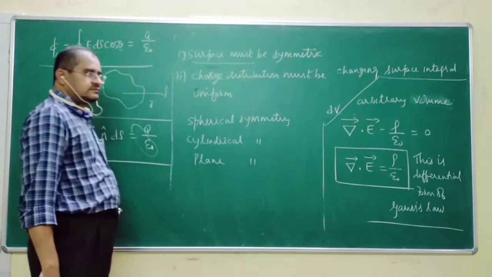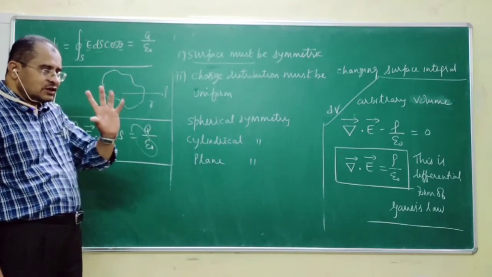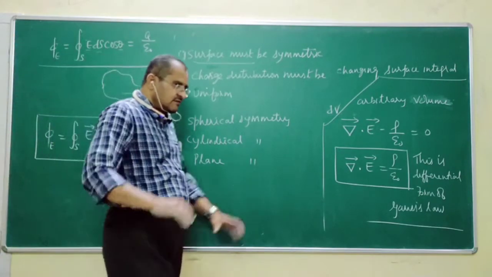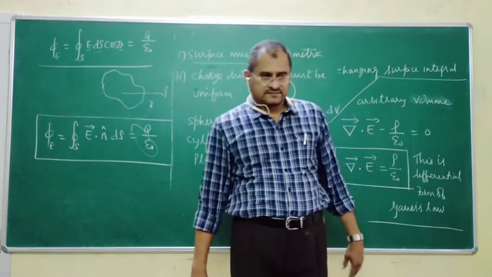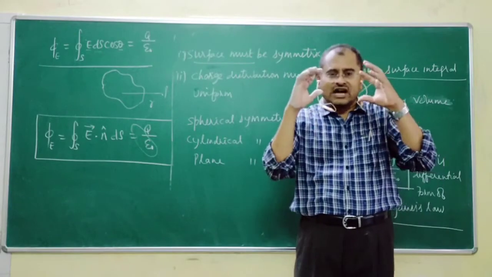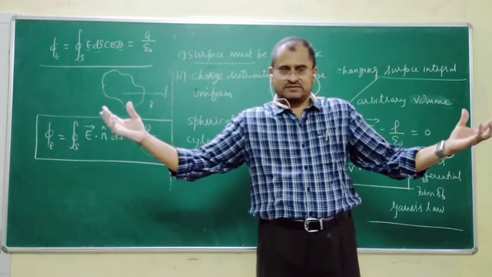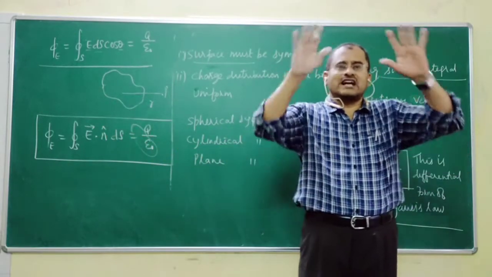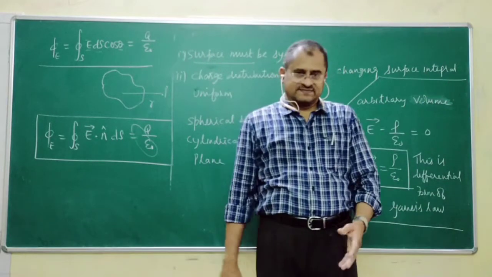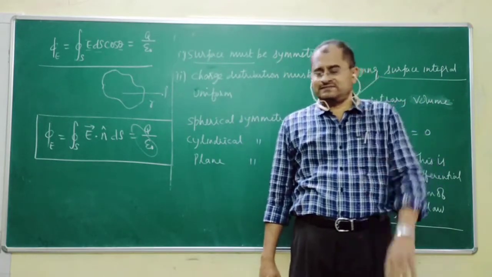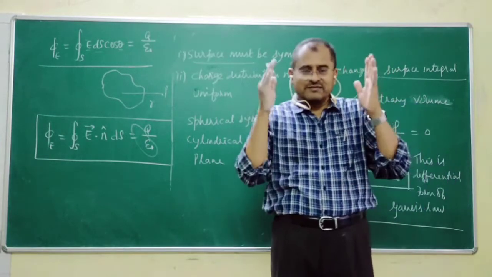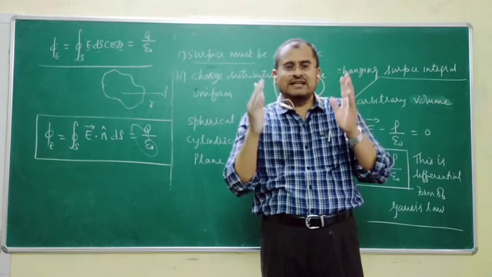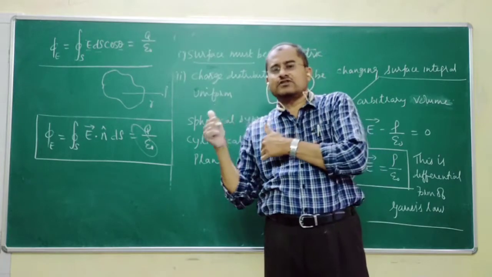Which means to apply Gauss law, my charge distribution will be spherical in shape, or cylindrical in shape, or a plane surface. I will be applying only these three cases to determine electric field intensity using Gauss law.